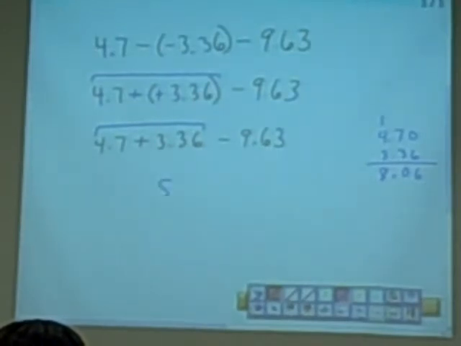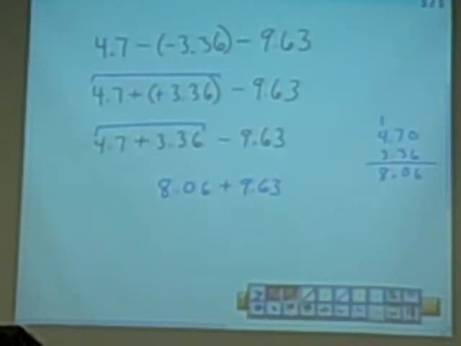Okay, so we have 8.06 minus 9.63. So if you want to, we can go ahead and make that minus sign a plus, change the sign of the next number. So is our answer going to be a positive or a negative? It's going to be a negative, right?